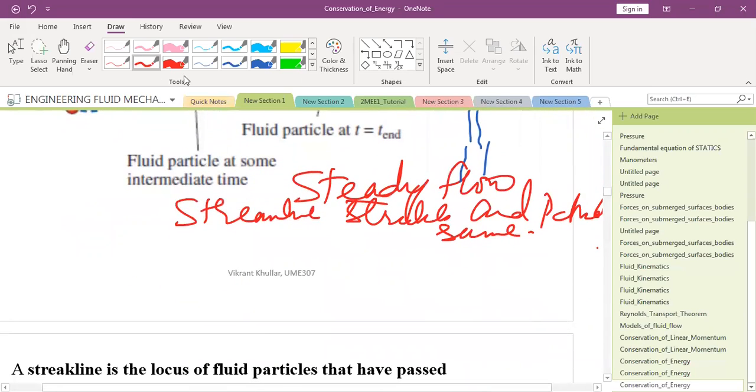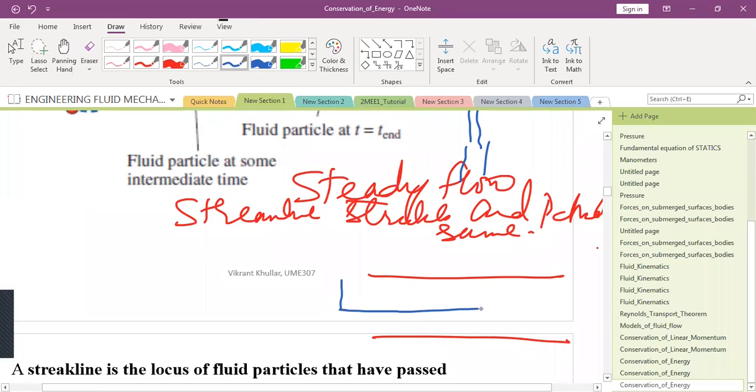Try to imagine this. If this was the flow, fluid particles were moving, so this line instantaneously is a streamline. As nothing is changing with time, whatever has got injected at point A will always follow this path.